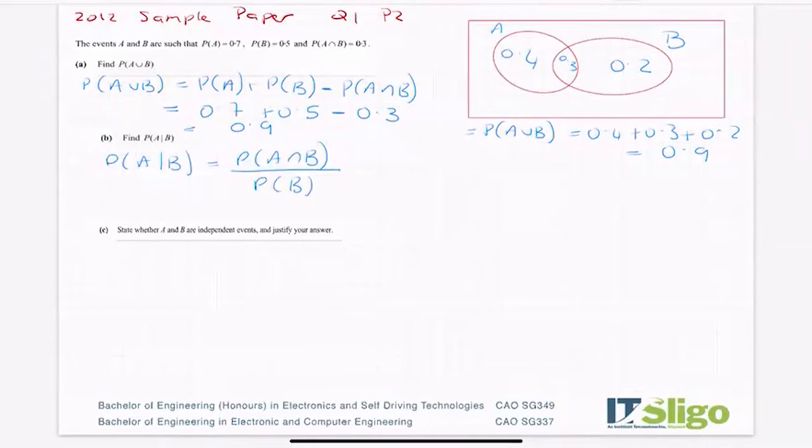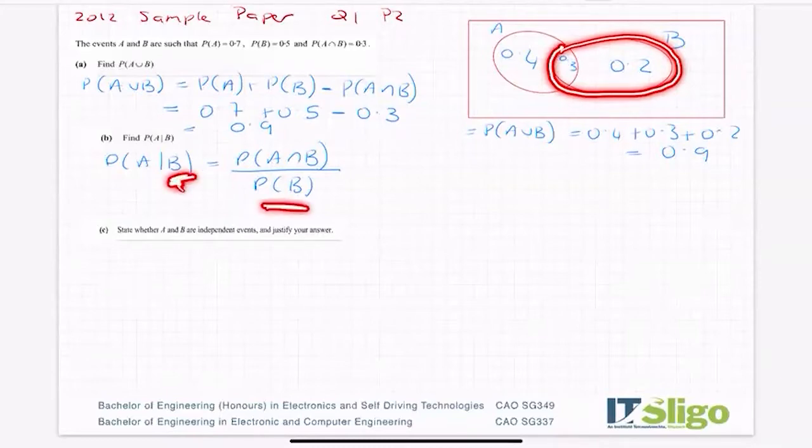Okay, let me see if I can give it to you visually. The probability of A given B has occurred. Okay, so given B has occurred, you're in this circle here. Okay, so that's given B has occurred here.